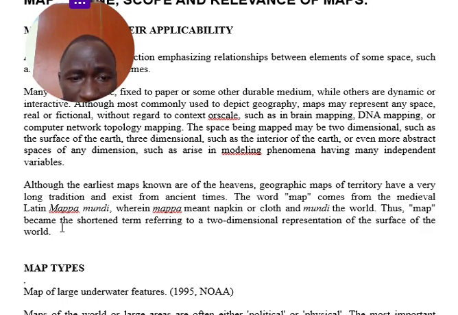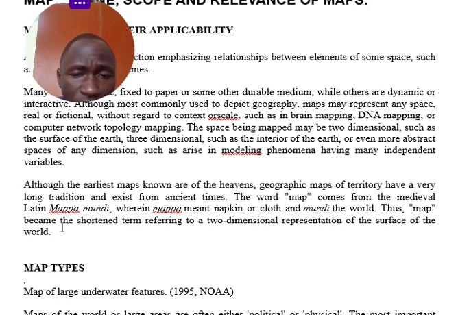So the other thing here, we are emphasizing all the things that we are looking at. They are also saying that the shape being mapped may be dimensional, such that the surface area or the three-dimensional areas of the interior of the earth are even more extractive as shape of dynamics.